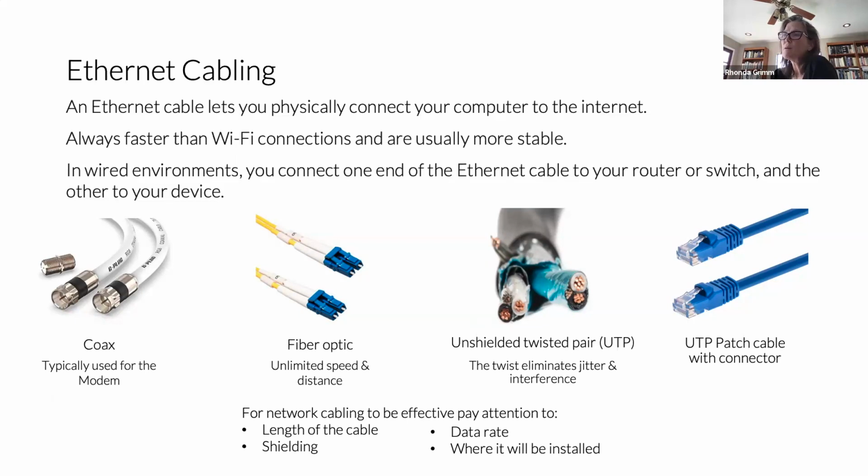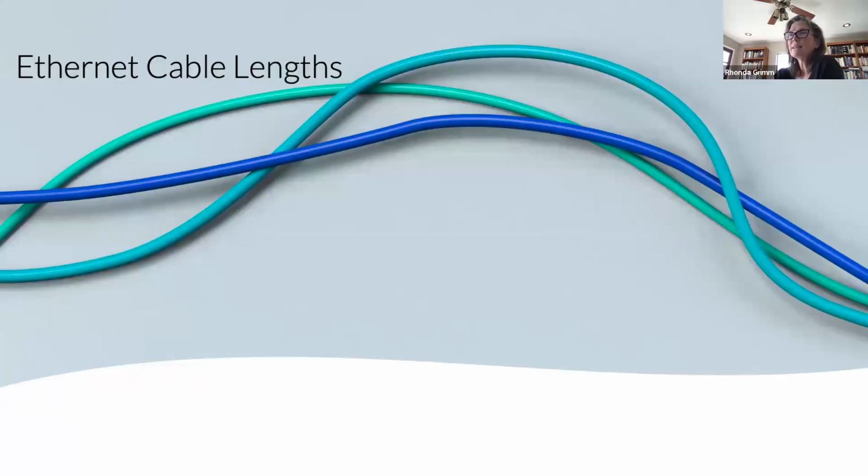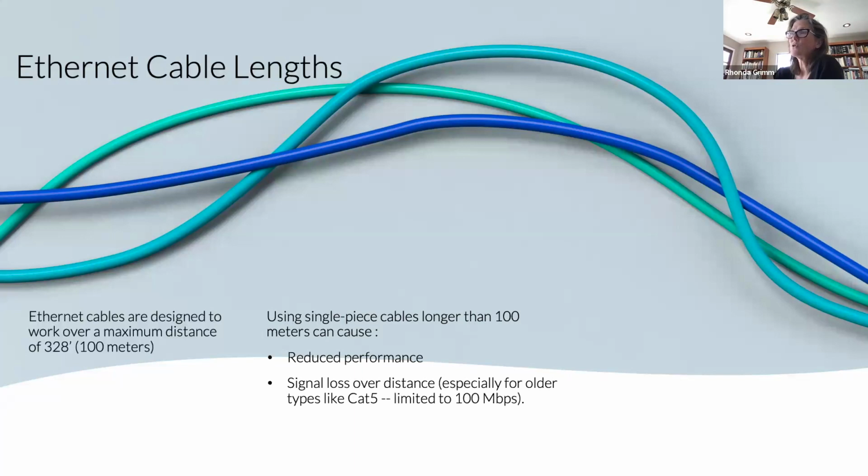So the thing to remember about cables is length of cable, the data rate it has, the shielding it has, and where it'll be installed. So there's just a few rules about it. Mainly cable lengths. It's a max distance of 328 feet, which is 100 meters. And anything that you try to do longer than that is going to reduce the performance.